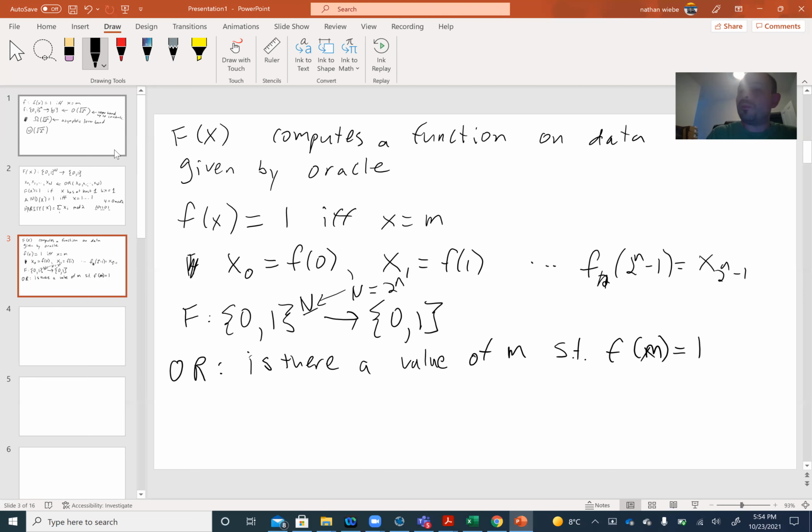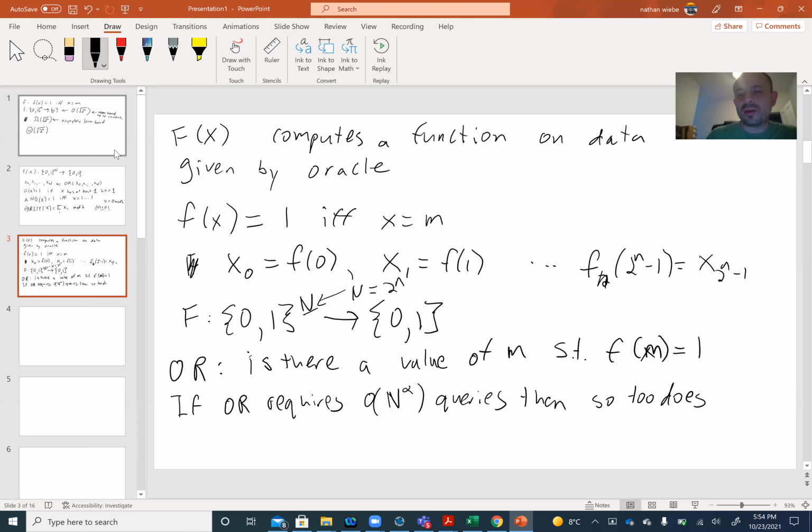That's basically the reason for it. And the reason why we're going to focus on the OR function so much is that if OR requires order alpha queries, then so too does search. Why is that?